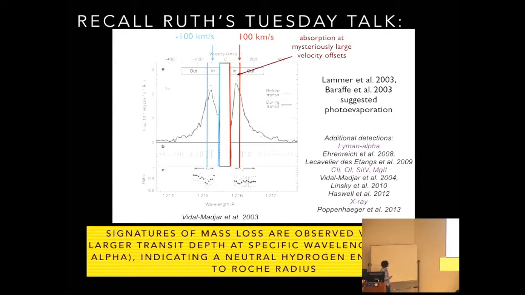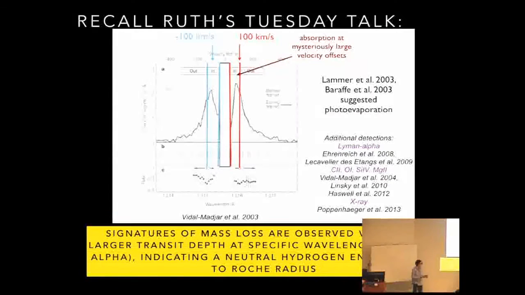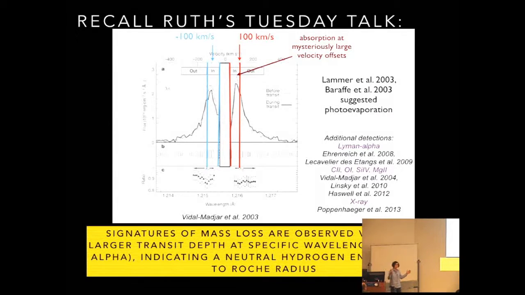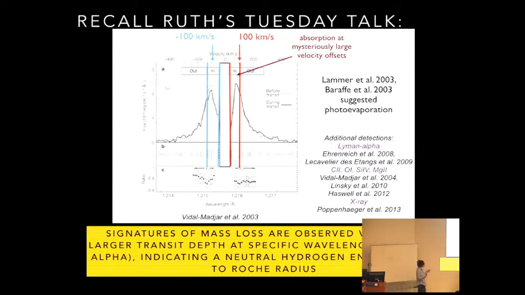But the basic idea here is that if you observe a hot Jupiter transit at specific wavelengths, say something like Lyman alpha, you can get a 10 times larger transit depth, which suggests that you have a large neutral hydrogen envelope that's sort of beyond the optical radius of the hot Jupiter. In the case of HD 209458b, it's about a factor of 10 times larger, the transit depth at Lyman alpha as compared to optical. And so the interpretation is that you have hydrogen gas that's all the way out to the Roche radius of this exoplanet.